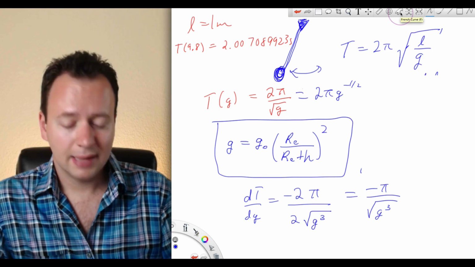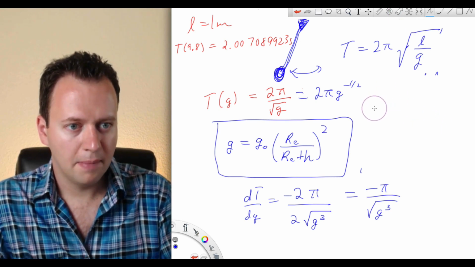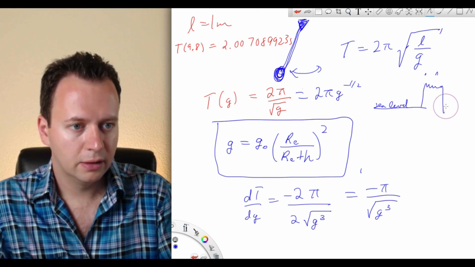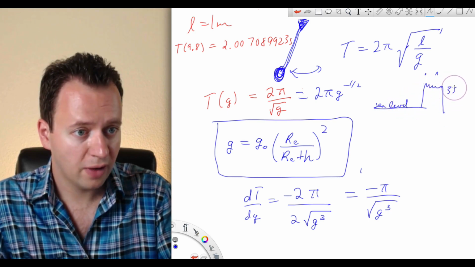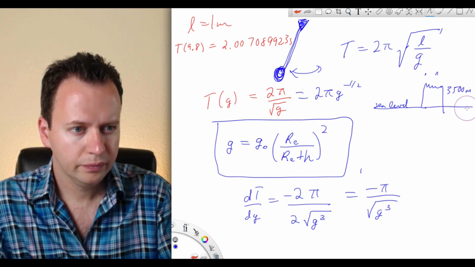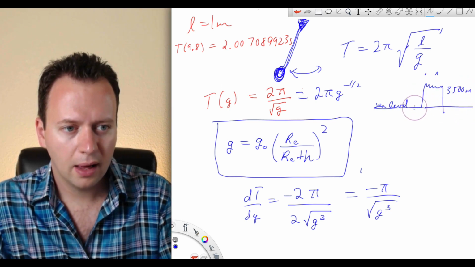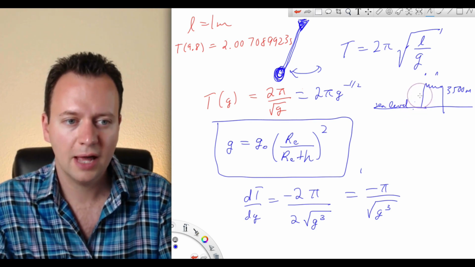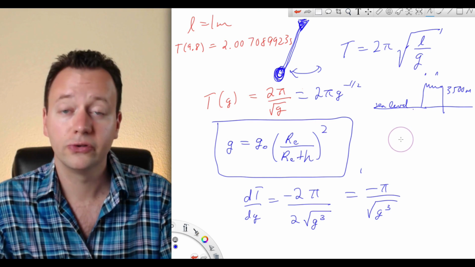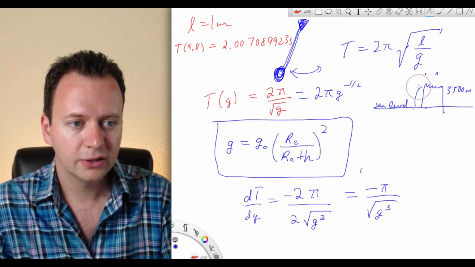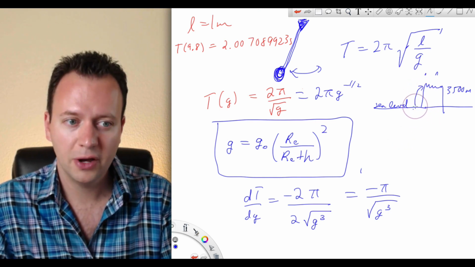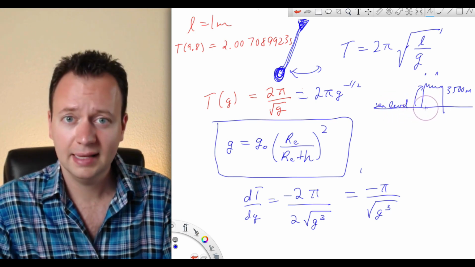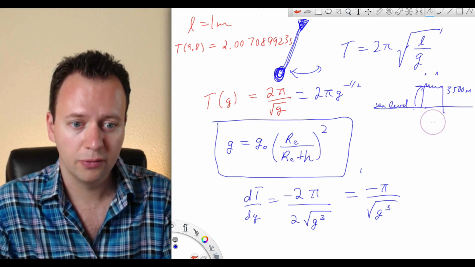So now let's ask a question. Let's say we have sea level, and then we have a mountain with a height of 3,500 meters. So using just the local linearization, in other words, using the tangent line approximation, using the derivative, let's approximate how much difference in the period of this pendulum we should expect between being at sea level and being at an altitude of 3,500 meters.